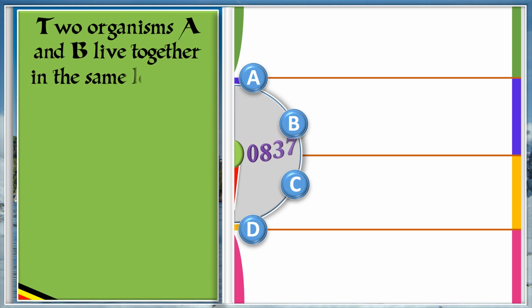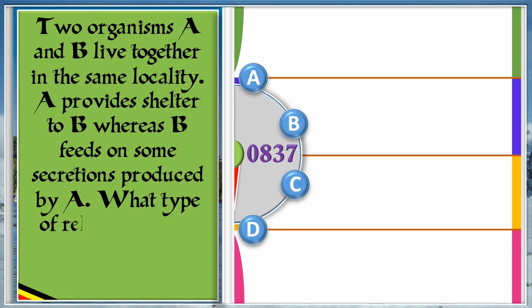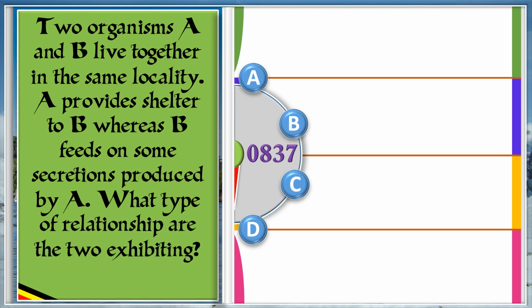Two organisms, A and B, live together in the same locality. A provides shelter to B, whereas B feeds on some secretions produced by A. What type of relationship are the two exhibiting?